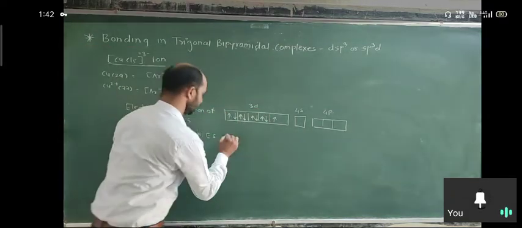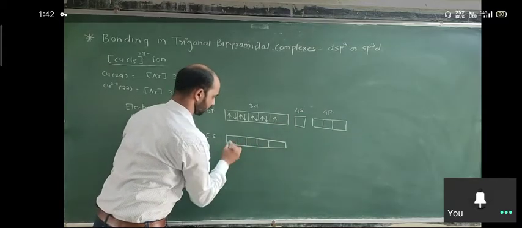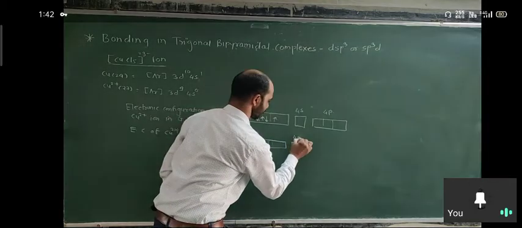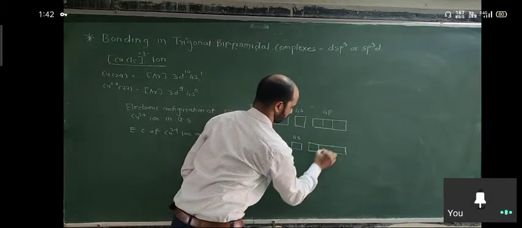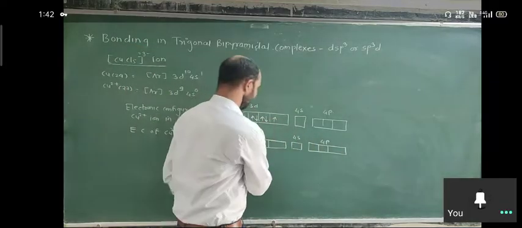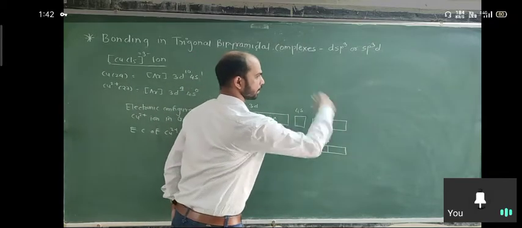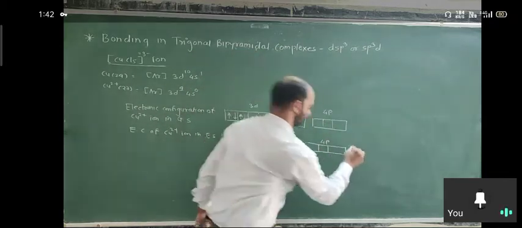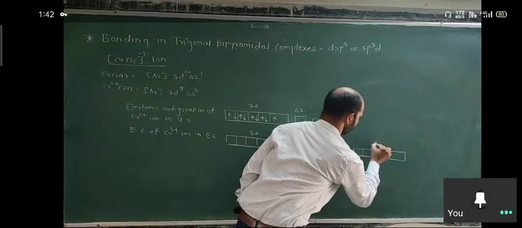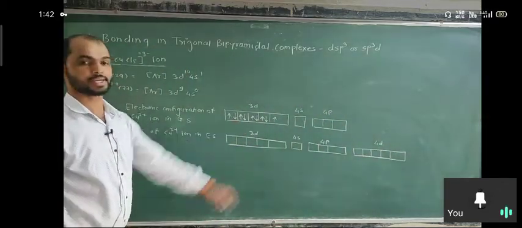Draw the same here. 3d, 4s, 4p. After that the next one is 4d, you know the sequence: 3d then 4s then 4p then again 4d, 5s, 5p. Okay, so here 4d is available. It is the next vacant empty d orbital.